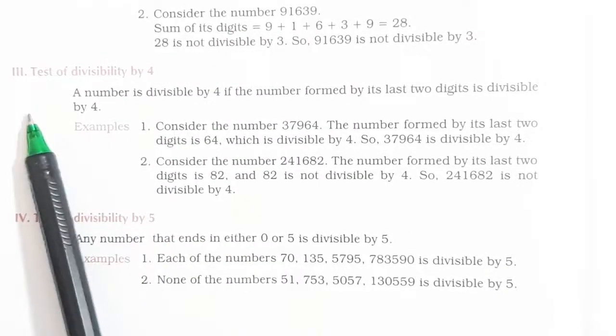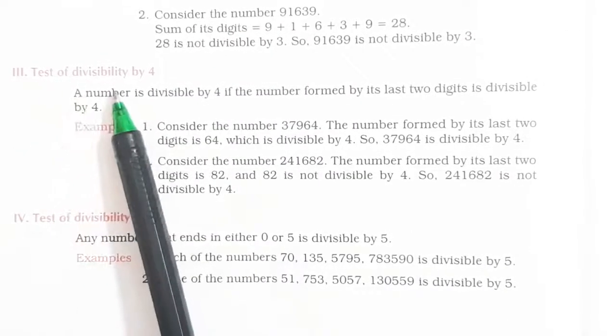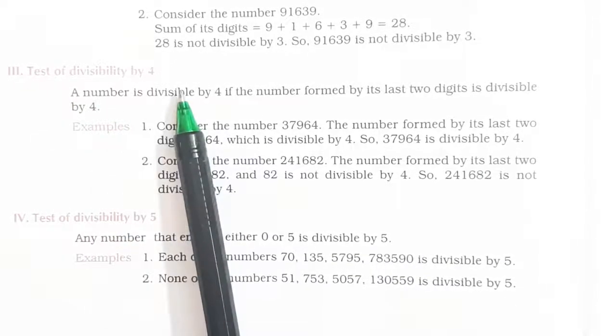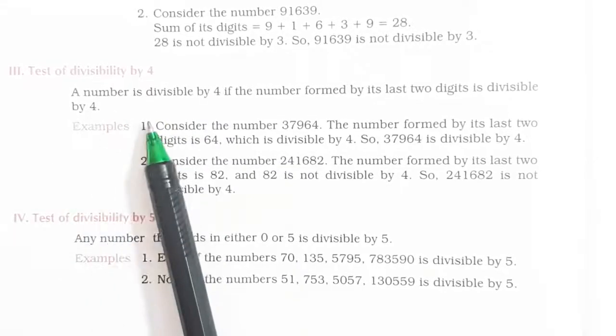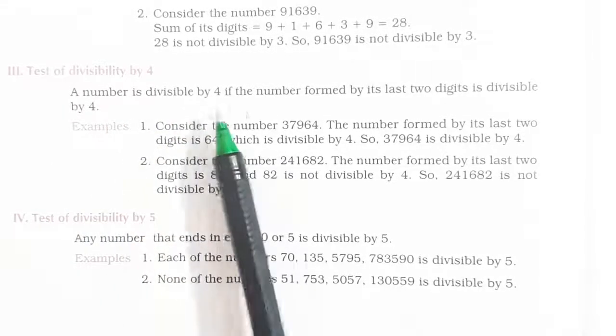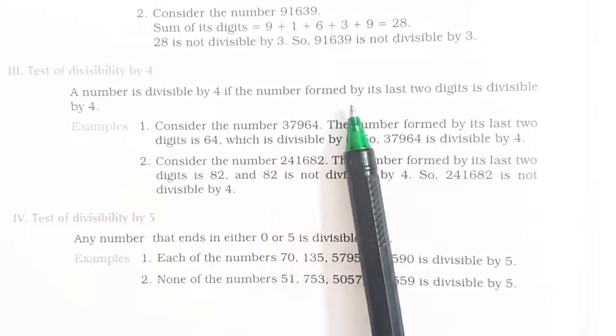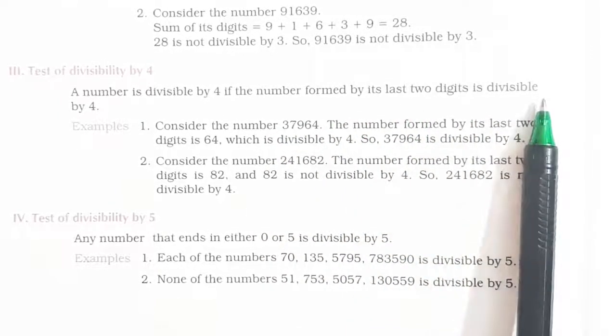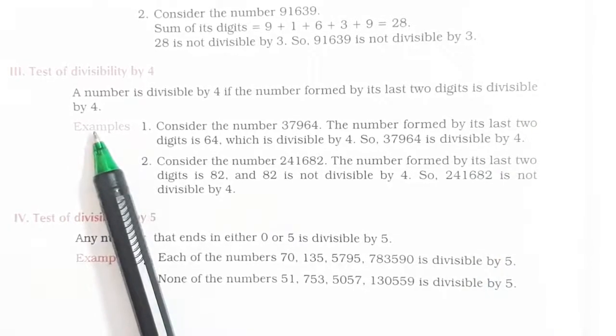Now let us discuss test of divisibility by 4. Children, it is also very easy. A number is divisible by 4 if the number formed by its last 2 digits is also divisible by 4.